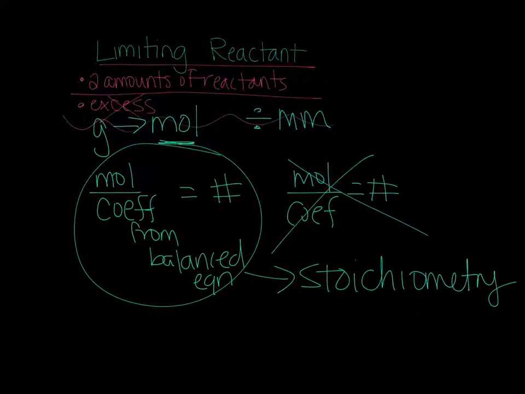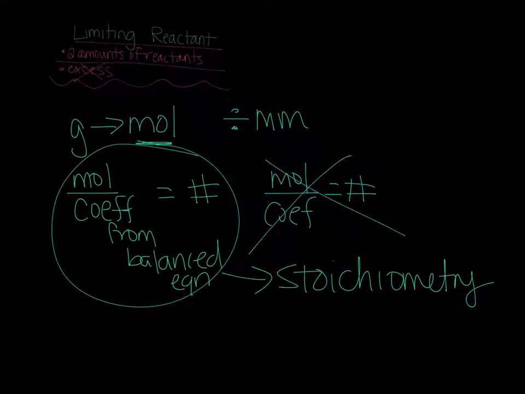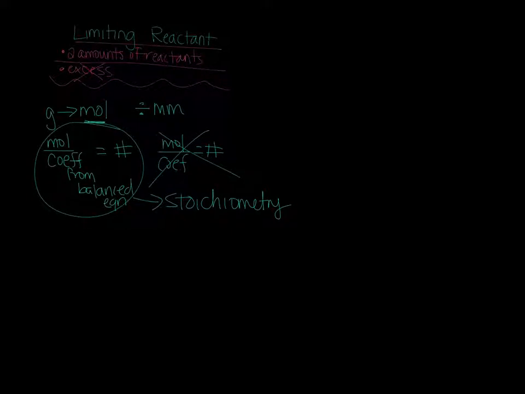The long way to do this would have been to pick a product and try each one to see how much product is made. So if we had A plus B yields C plus D, right?